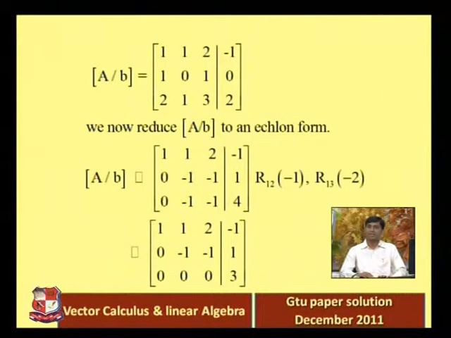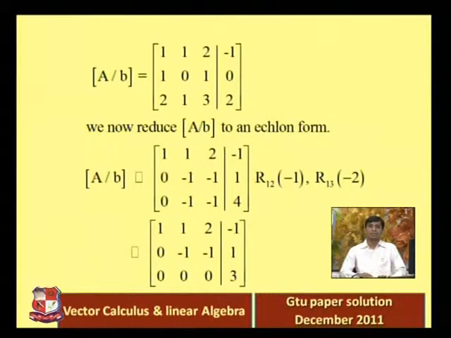The first row stays as it is, 1 1 2 -1. The second row becomes 0, -1, -1, 1. For the third row, we multiply the first row by minus 2 and add it to the third row, so the third row becomes 0, -1, -1, and 2 plus 2, that is equal to 4.